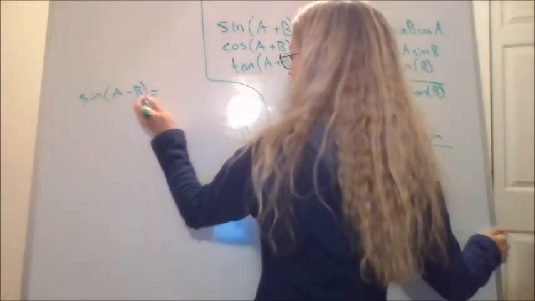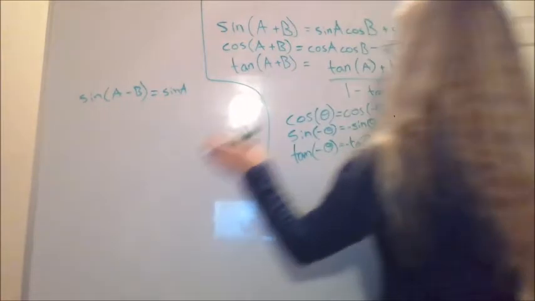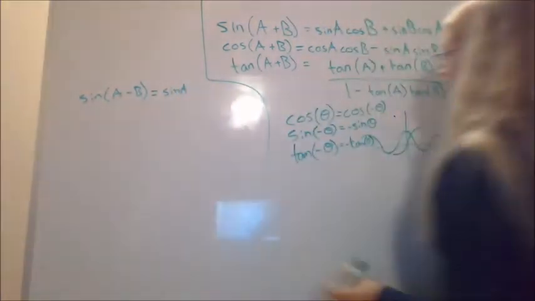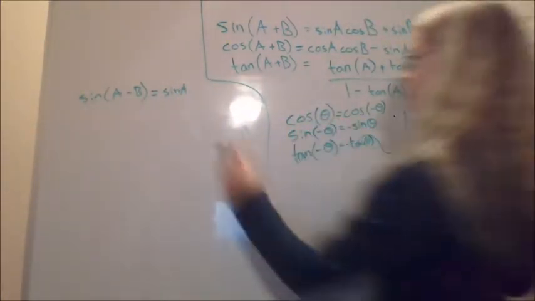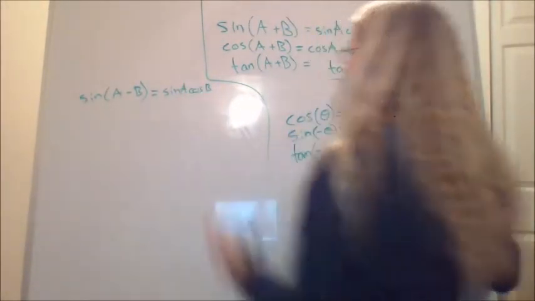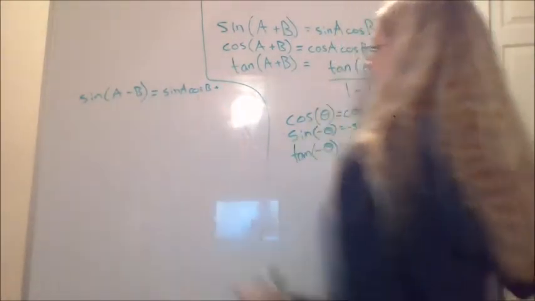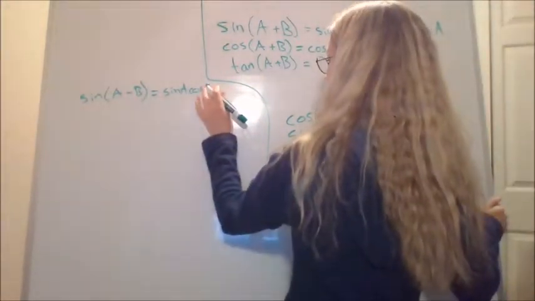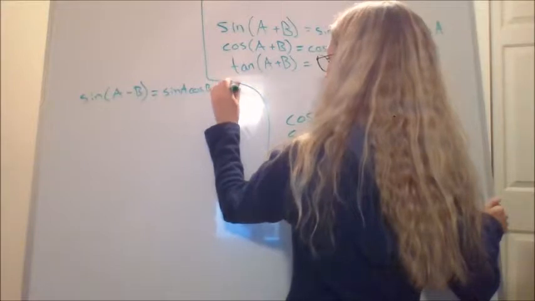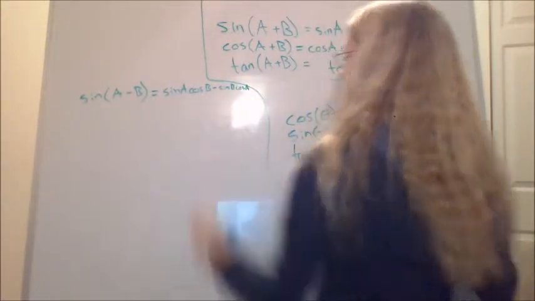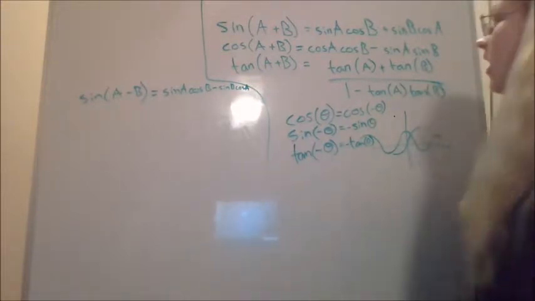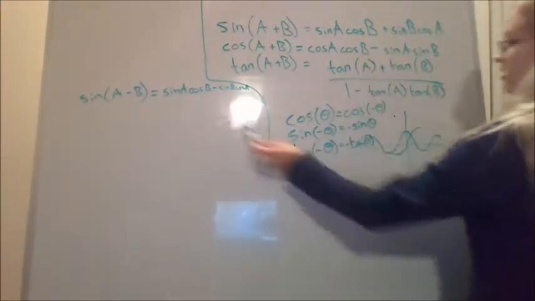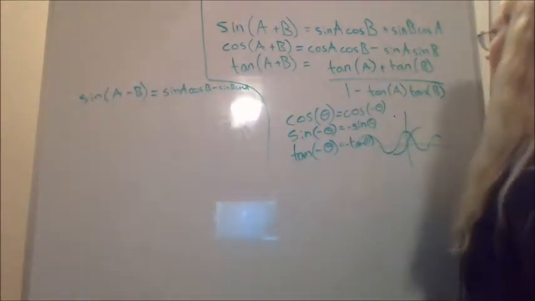So sine of A minus B is going to be the sine of A, like always, times the cosine of negative B, but we know that the cosine of negative theta equals the cosine of theta, so we still have the cosine of B, plus sine of negative B, and we know that the sine of negative theta is negative sine of theta, so we're going to have minus sine of B cosine of A. As you can see here, the only difference between the difference and addition identities is that this little sign in here is different, positive or negative.